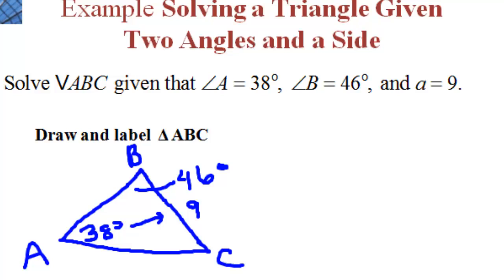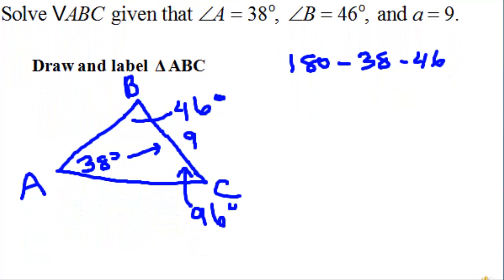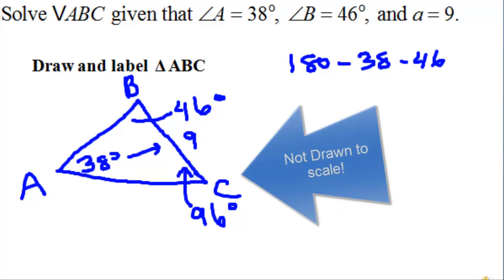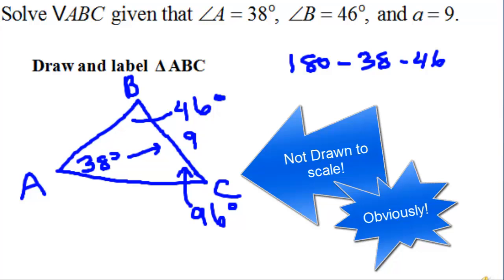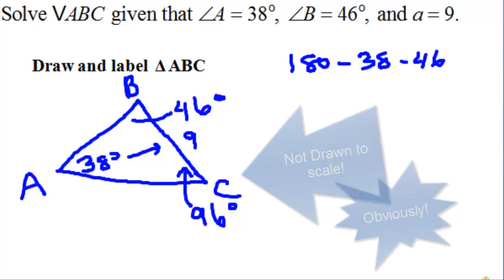First thing we want to do is to determine the angle of C, which would be 180 minus 38 minus 46, which tells us that angle C is 96 degrees. Now we can solve using the law of sines. We can solve for the remaining 2 sides.